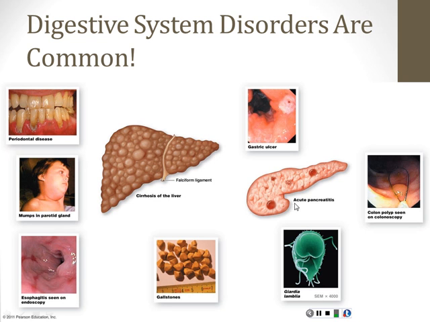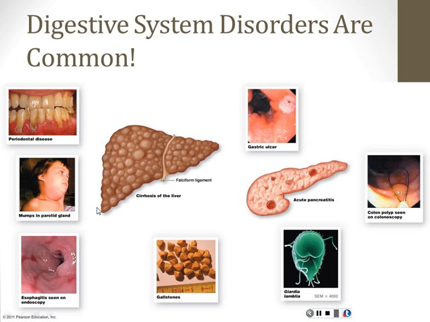So when the pancreas is sick, it often leads to autodigestion. In other words, the enzymes start digesting or destroying the body's own cells. So literally, a sick pancreas can eat its way through the walls that separate it from the rest of the digestive tract. So pancreatitis is a particularly nasty disorder.